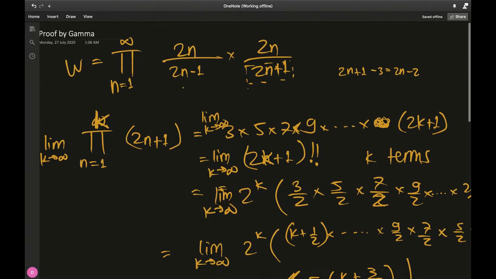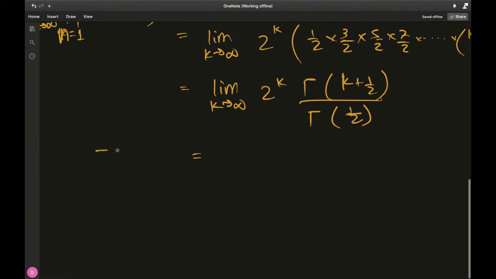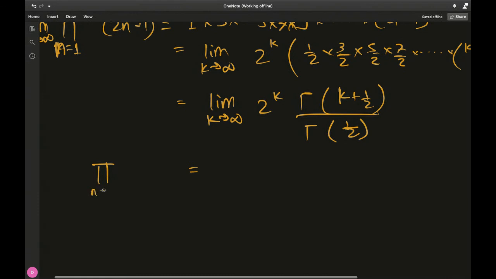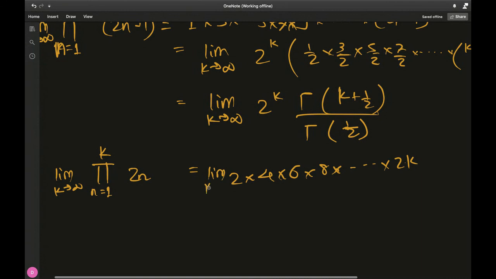Okay, now it's time to look at the 2n. So in the product that n goes from 1 to k, or in the limit as k goes to infinity of 2n, this is basically 2 times 4 times 6 times 8 going on to 2k in the limit as k goes to infinity.